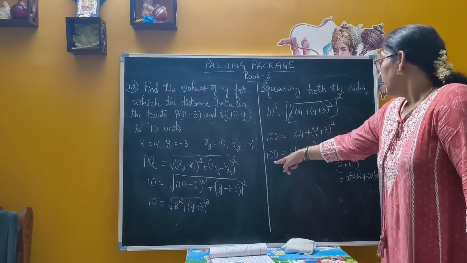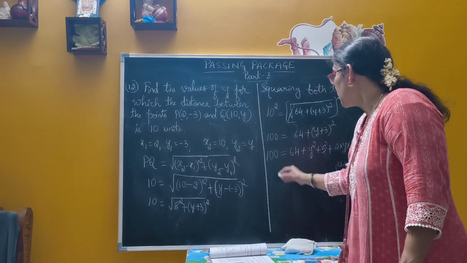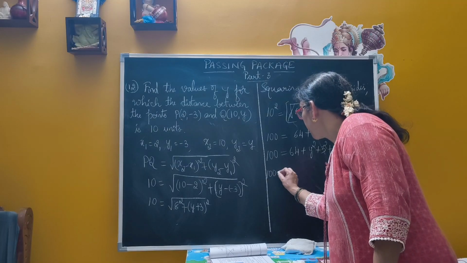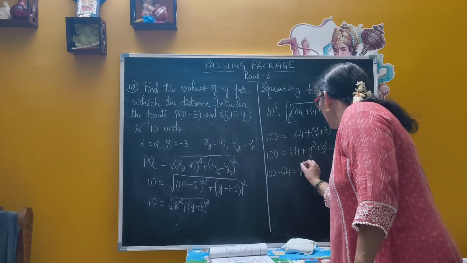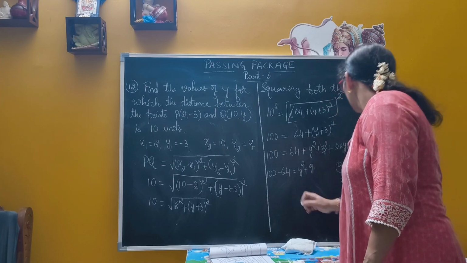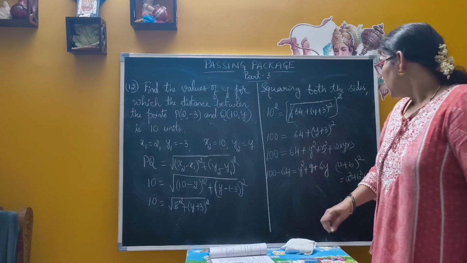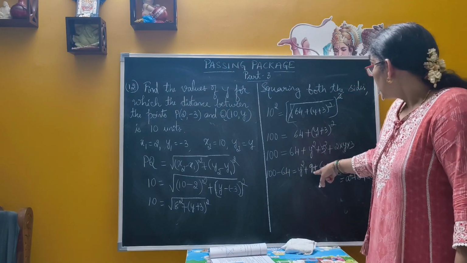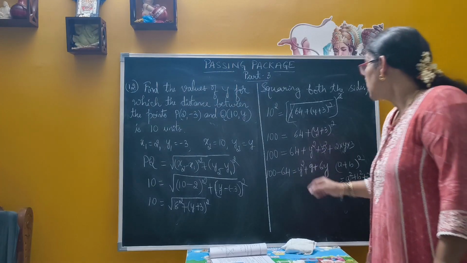Okay, so 100 minus 64, let us take this to LHS. 100 minus 64 is equal to y square plus 3 square, which is 9, plus 2 threes are 6y. So 100 minus 64, how much? 36.